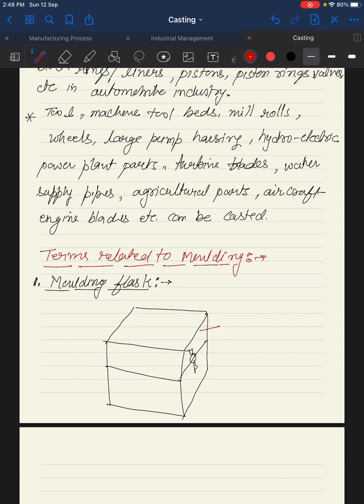The upper box is cope, lower is drag, and in the middle there is an aligning pin for alignment. Okay.